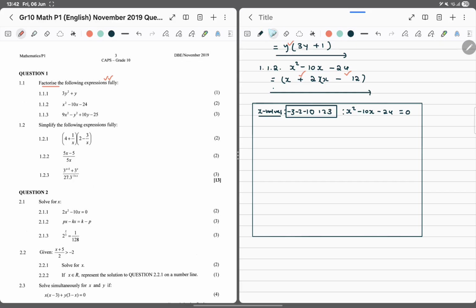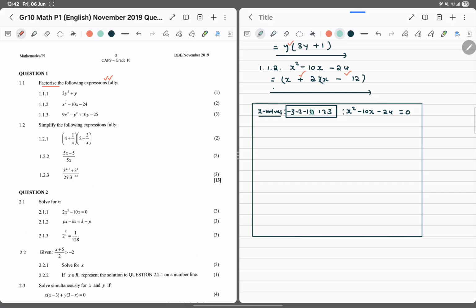Now let's start. What can we do? We cannot put 0, obviously, because there's a constant here. So the 0 will only kill the x terms, and minus 24 remains, but we want 0.